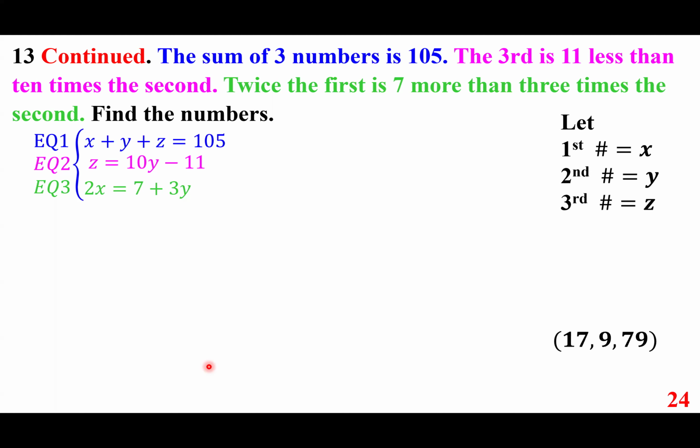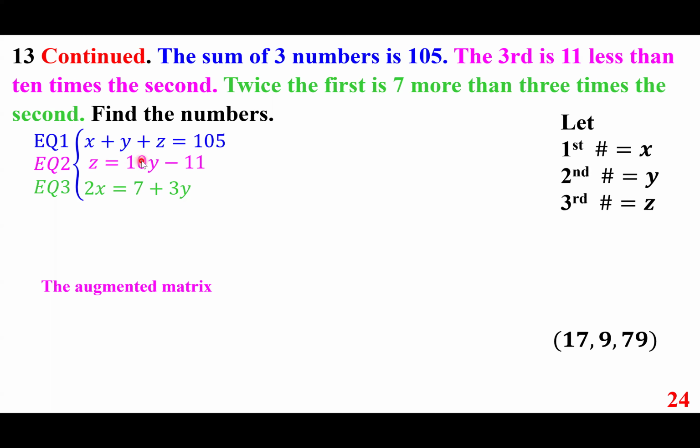All right, so now we are looking at the same question. We already have the answer, okay? I want to show you using matrices and the augmented matrix. So we make up the augmented matrix. Just look at the numbers 1, 1, 1, 105, because all you need is to write the same thing without the variables.